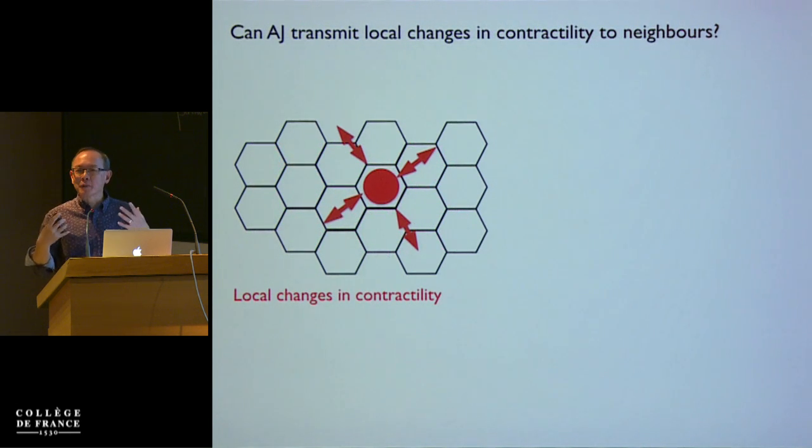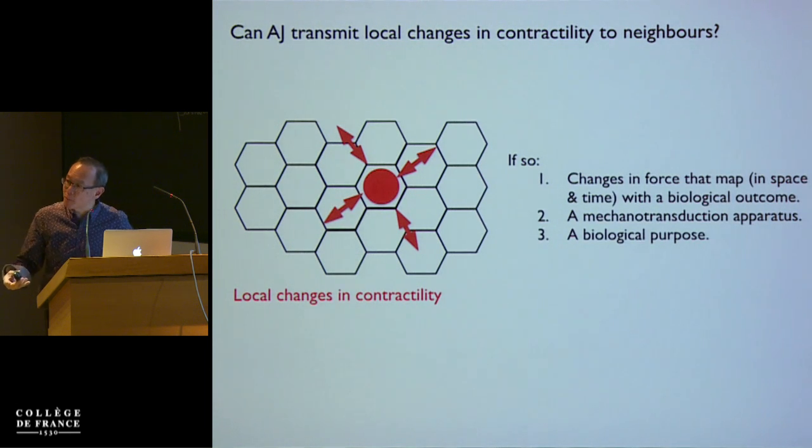And the hypothesis that we'd like to promulgate is one in which perhaps there might be local changes in contractility for some reason or other, pathologic or pathophysiologic, that might be transmitted through the junctions to the neighbors and detected by those neighbors. And if that is the case, then we'd really want to be able to establish at least three things.